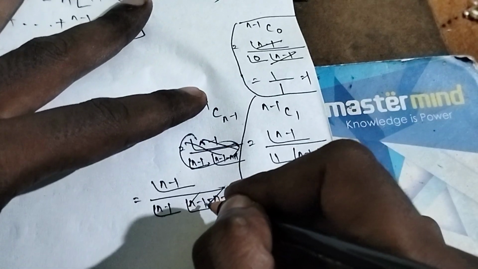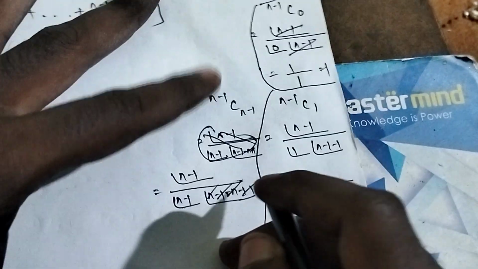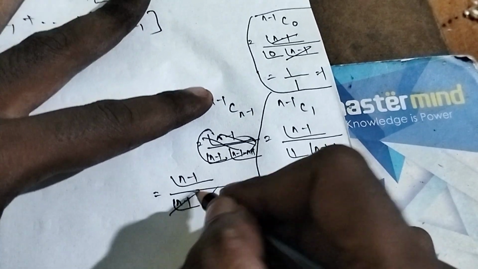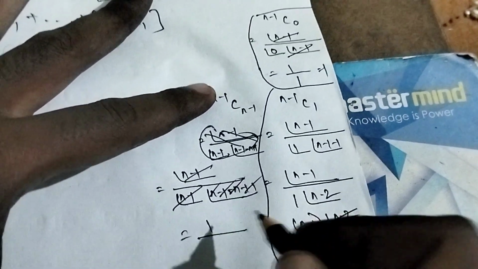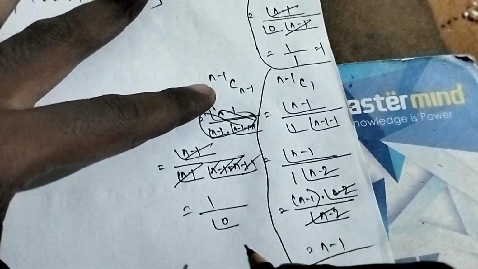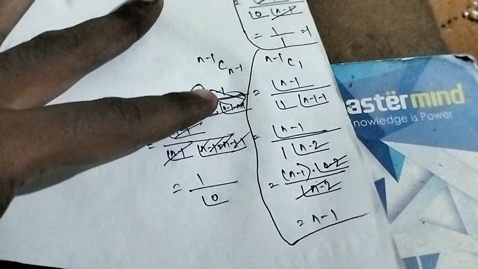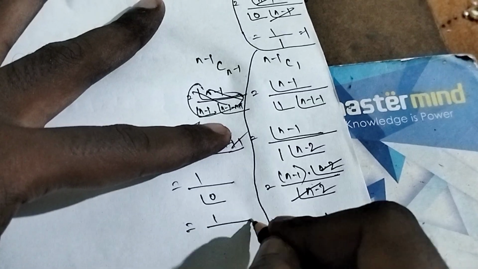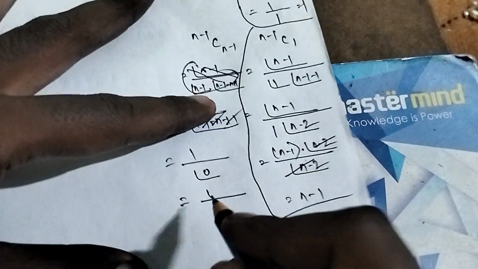Minus n plus n cancel each other, minus 1 plus 1 cancel each other, so ultimately it becomes 1 by 0 factorial, and 0 factorial is 1, so it is coming out as 1 only.